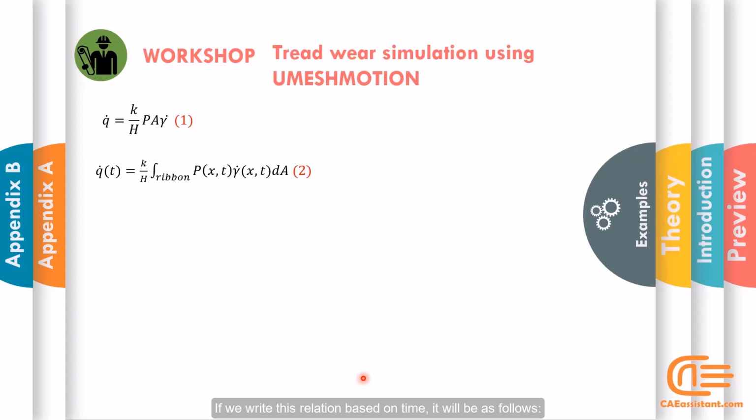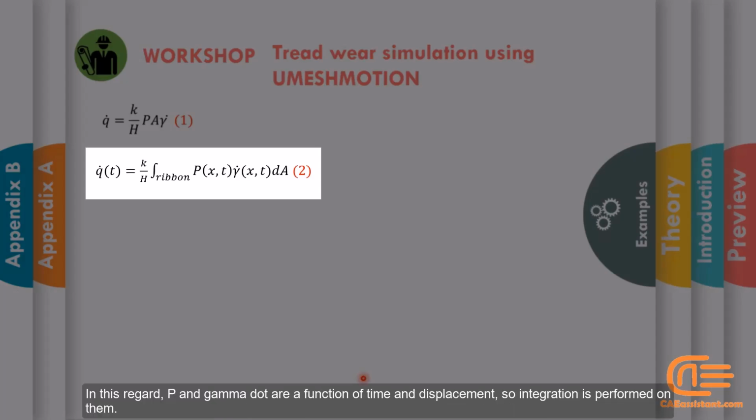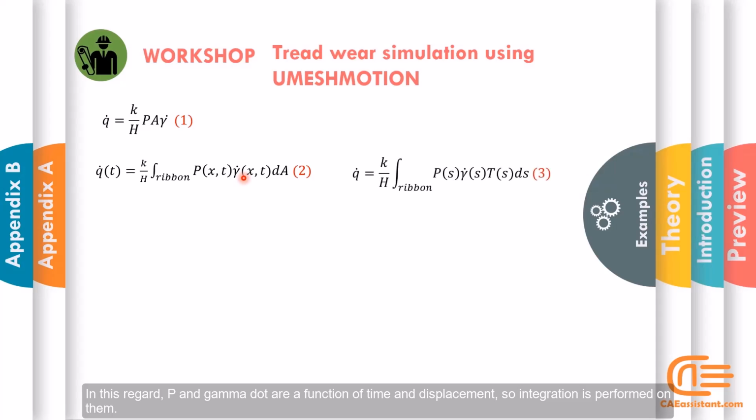If we write this relation based on time, it will be as follows. In this regard, P and gamma dot are a function of time and displacement, so integration is performed on them. Because our problem is a steady state and the tire speed doesn't change over time, the problem is time independent.